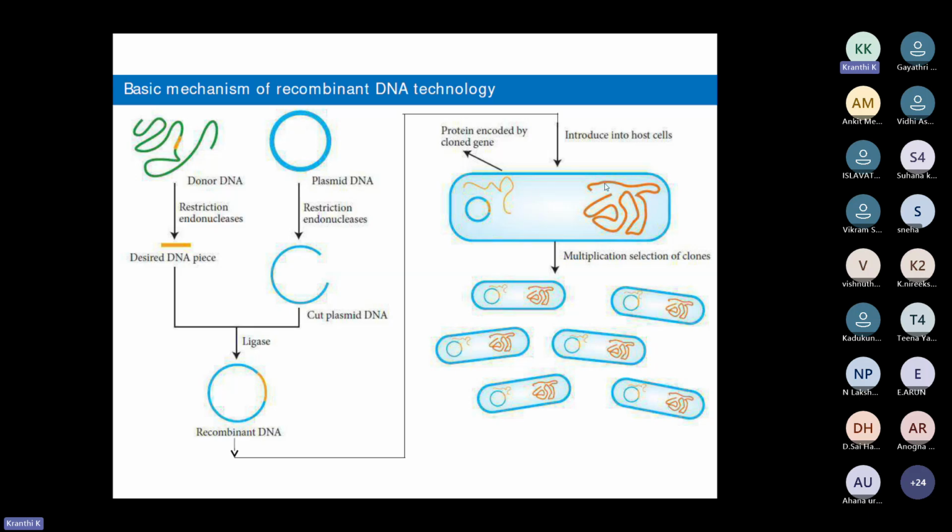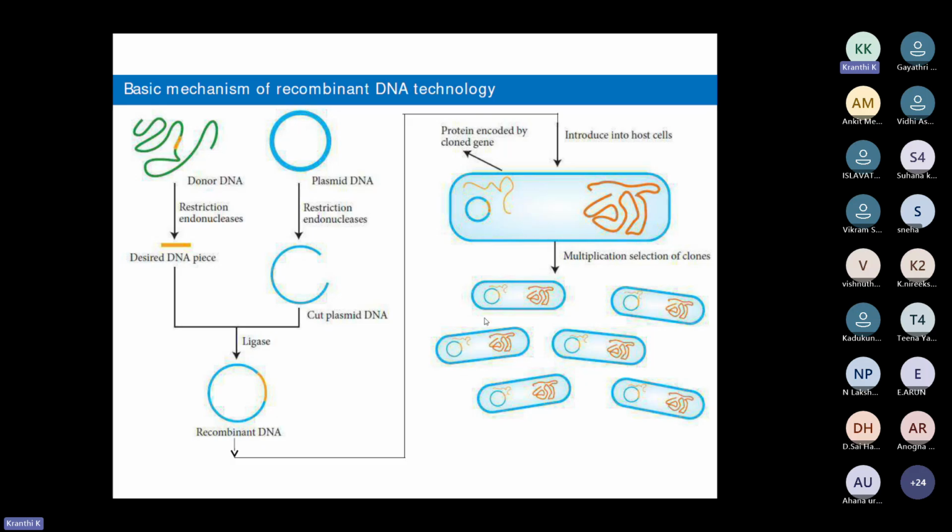Then see, this is the actual cellular nucleus, and this is the extra chromosomal element, right? That is the reason we inserted the plasmid, which contains the DNA. Then multiplication occurs, and when the multiplication occurs, it's like a cloning. All the cells carry the plasmid and also the recombinant DNA.